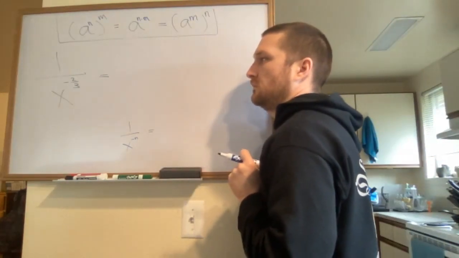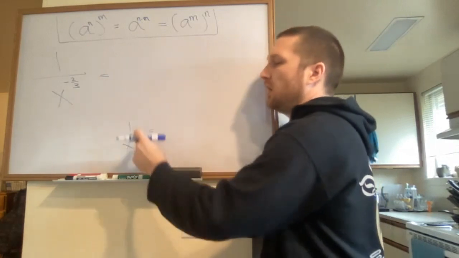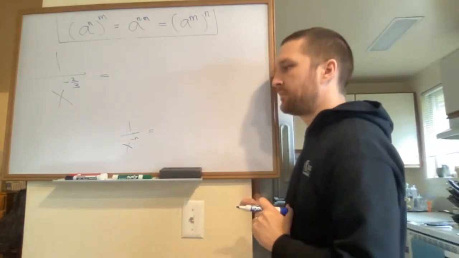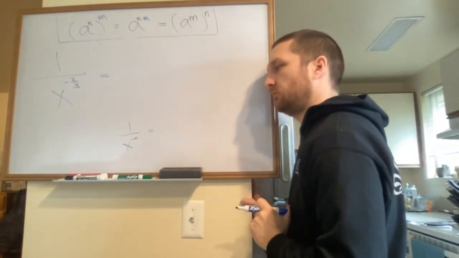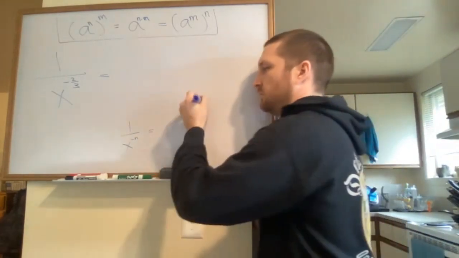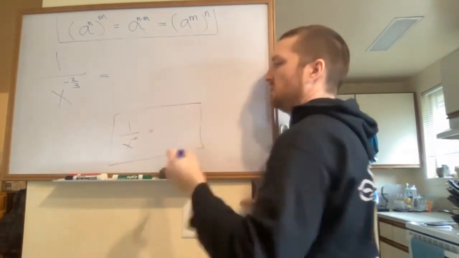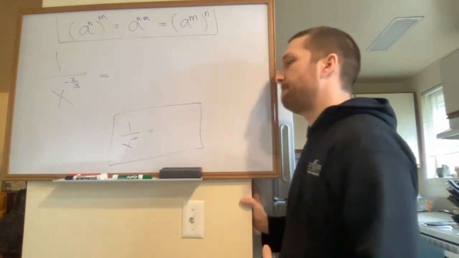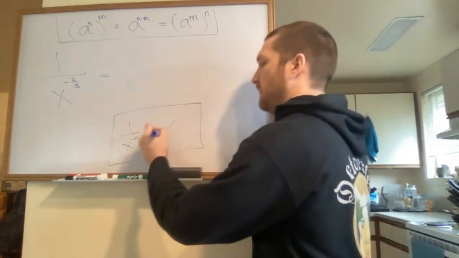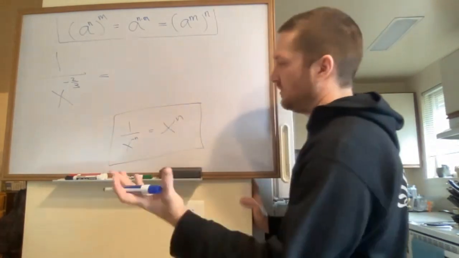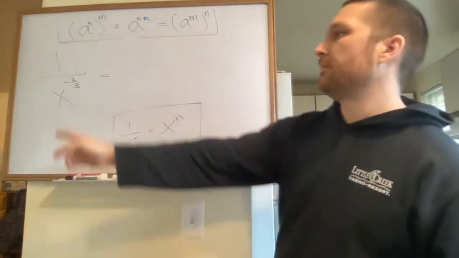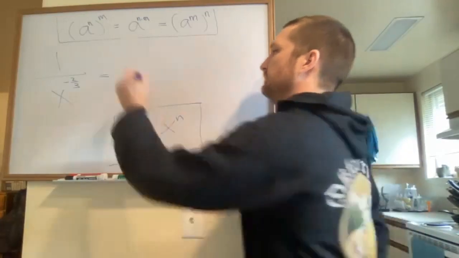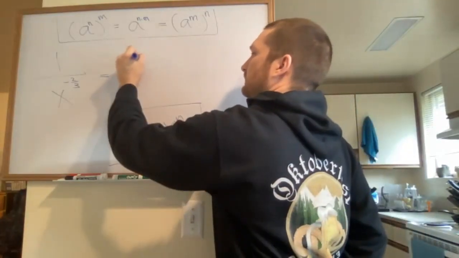So what about this one? 1 over x to the negative n equals what? It's downstairs and it has a negative exponent. So that means what? x to the positive n. There you go. That's all it means. Therefore, this means what? x to the 2/3.